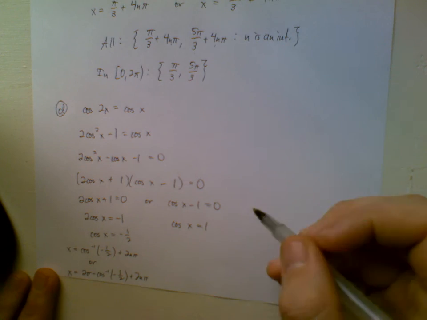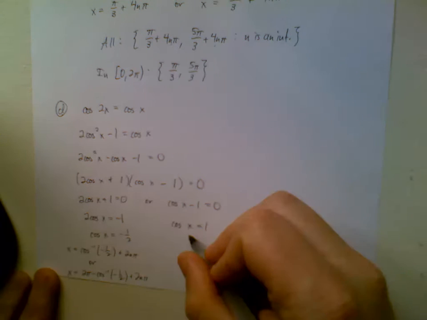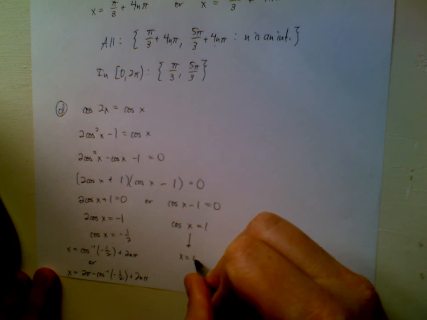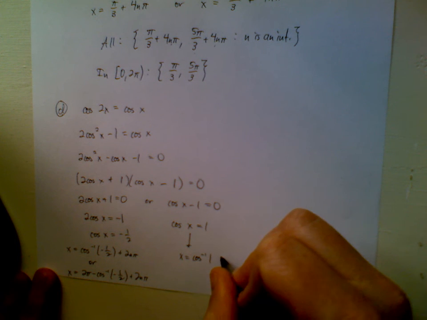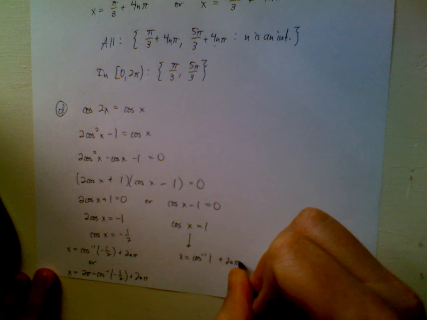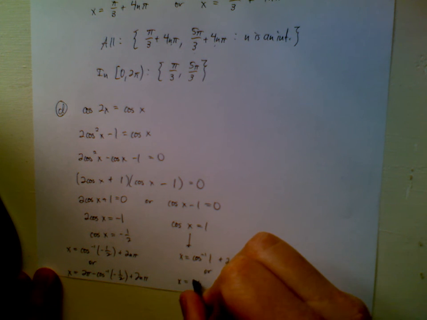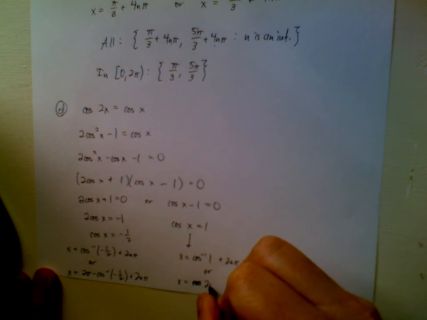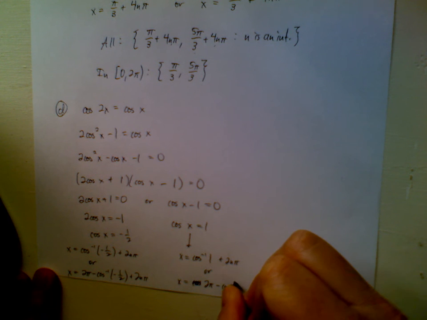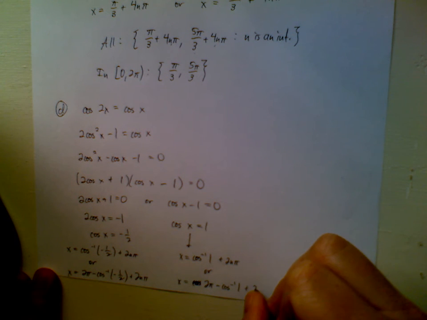If cosine x equals 1, then x equals cosine inverse of 1 plus 2n pi, or x is 2 pi minus cosine inverse of 1 plus 2n pi.